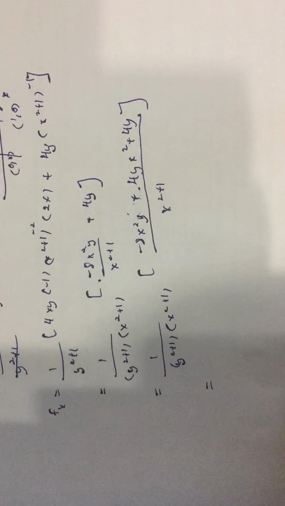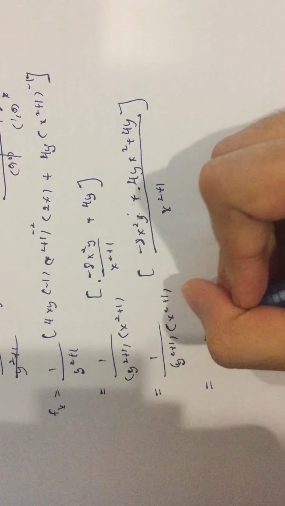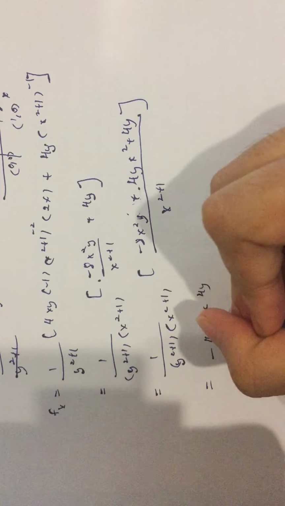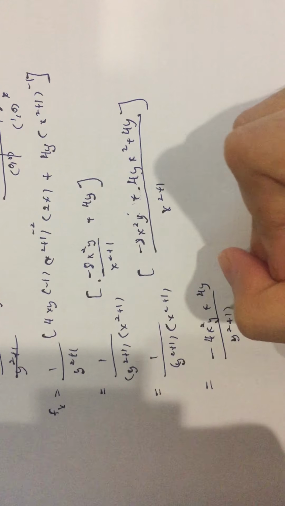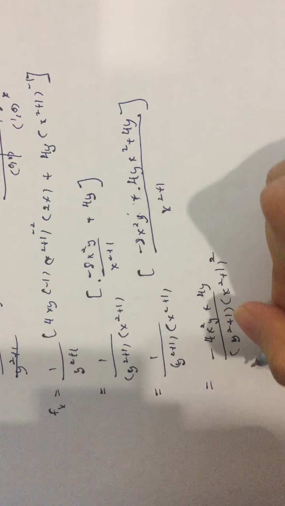And then this is equal to minus 4x squared y plus 4y divided by y squared plus 1 and then x squared plus 1 squared.